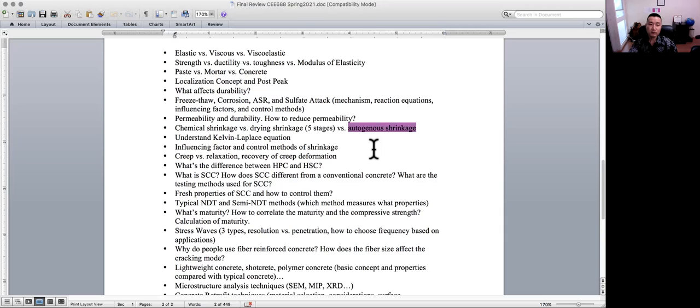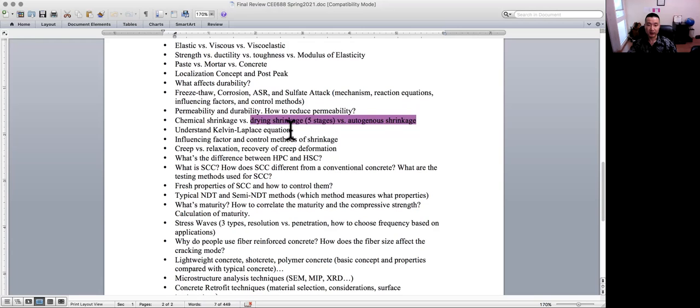And the Kelvin-Laplace equation is the equation controlling the dry shrinkage and also autogenous shrinkage.